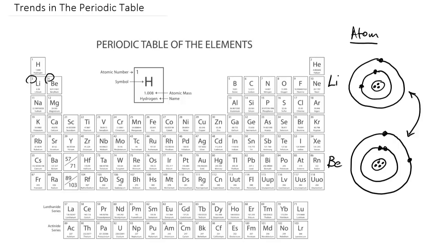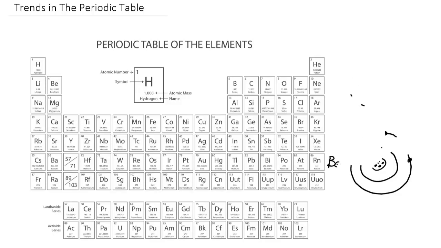Okay, now let's have a look at the specific trends in the periodic table. I'll just get rid of this, and now the periodic table is not organized in a random way. It's organized in a very specific way. As you go down the column, so say you look at hydrogen, then lithium, then sodium, this is known as a group.